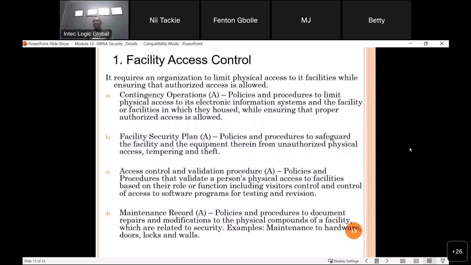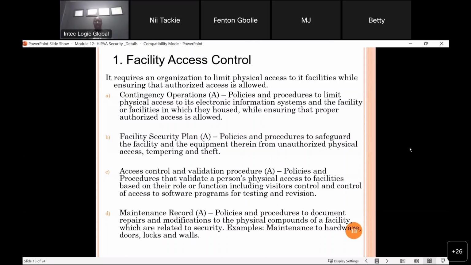Some places, you don't even allow staff to go if they don't have the right to be there, maybe a server room. If the staff is a nurse, what is the nurse going to do in a server room? Are they going for sightseeing? So there needs to be a plan where it's demarcated that this place visitors can go, this place staff can go, this place only security teams can go. HIPAA requires that.